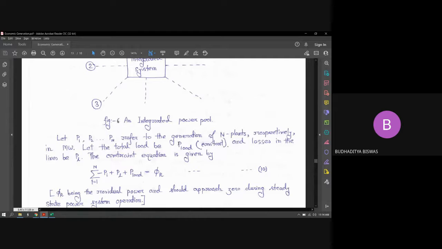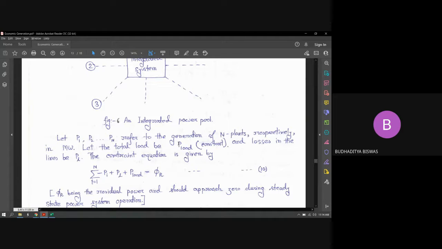And here also, if the computer takes a long time to find out the optimum generation for the plants, then within this time the load demand has changed, so your solution is not perfect. You start your solution taking a particular load demand, but when you finish your calculation, the load demand has actually changed.